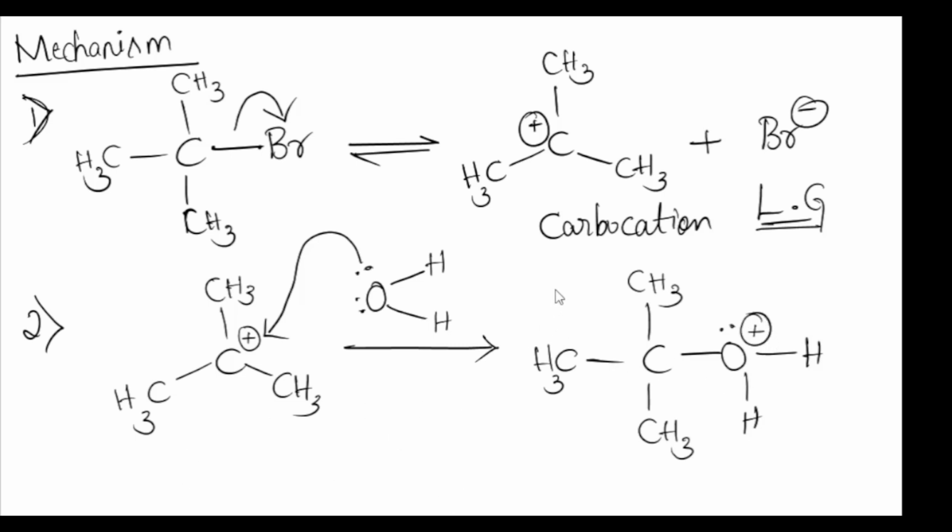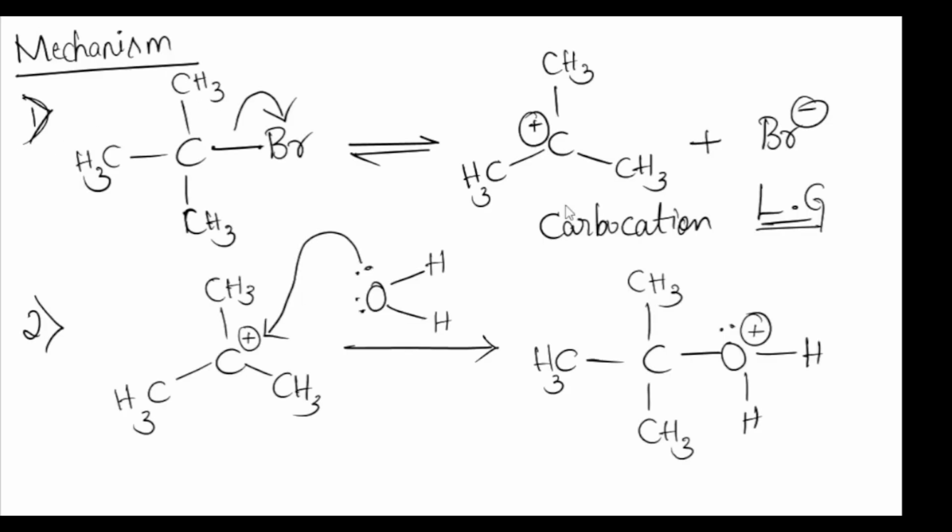In the next step, the third step, this molecule is called an oxonium ion, or protonated tertiary butyl alcohol. As an intermediate, we generally call it oxonium ion or hydronium ion like that.